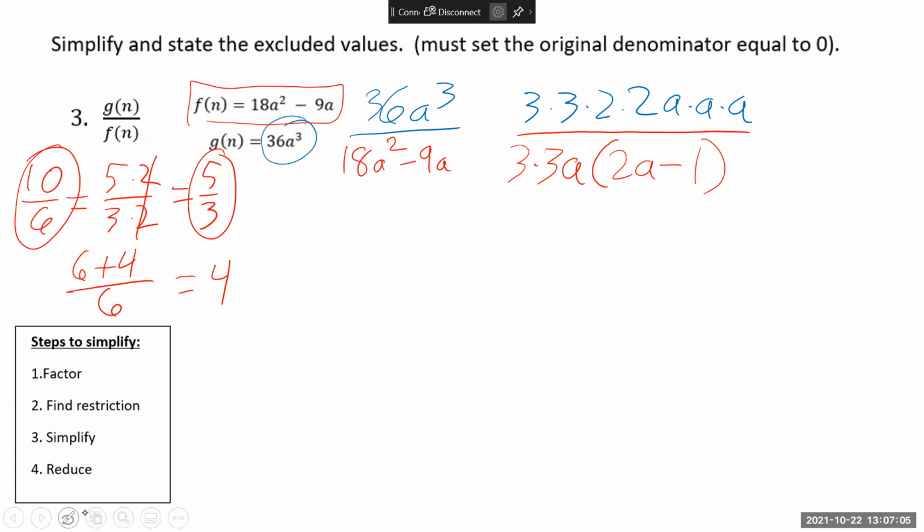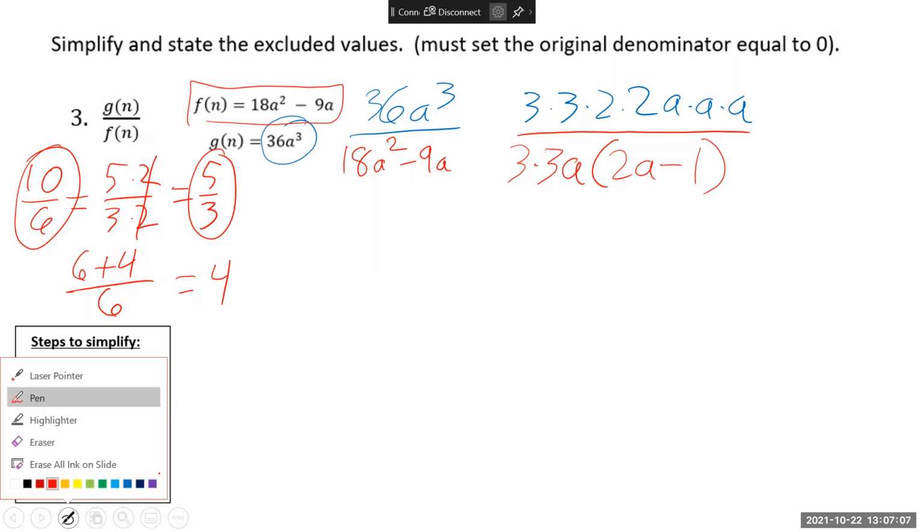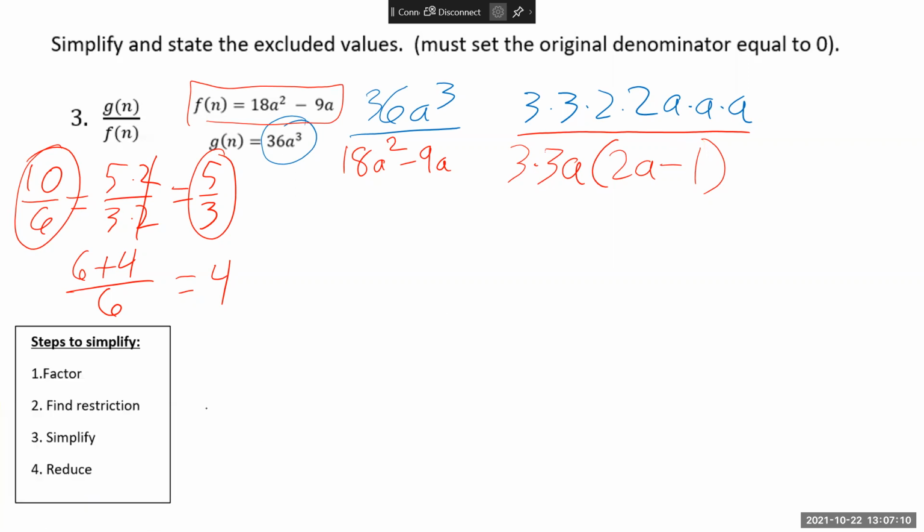But what I need you guys to see is that this block right here, the 2a minus 1, needs to stay together. That is one block, one piece. I cannot mess with it once it's been factored all the way out. It stays together. So now, do I see other things that are on the top and the bottom multiplied out times other things?